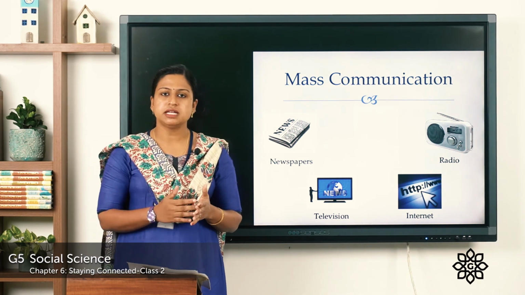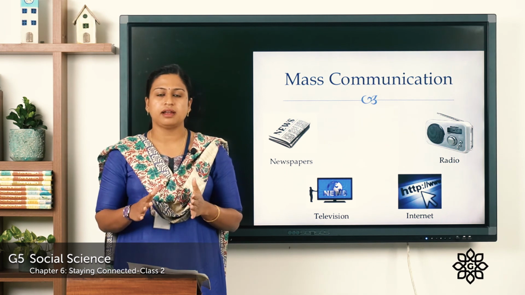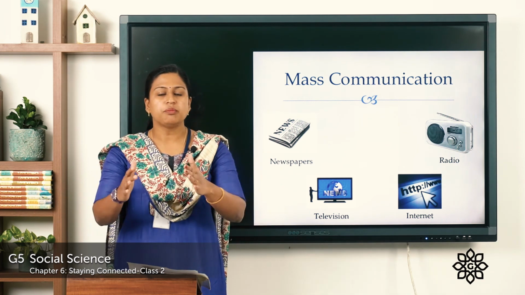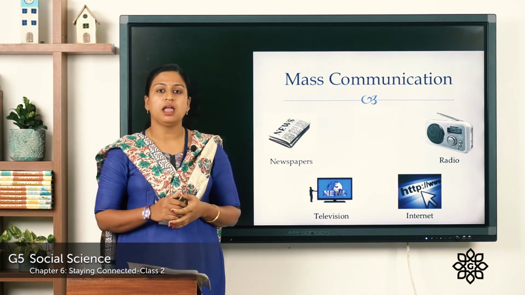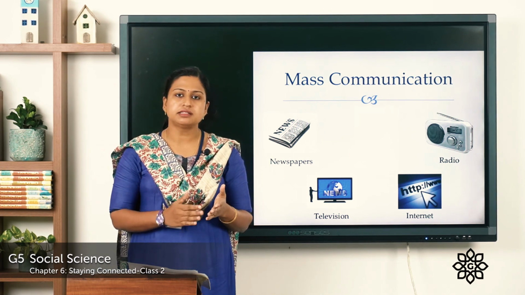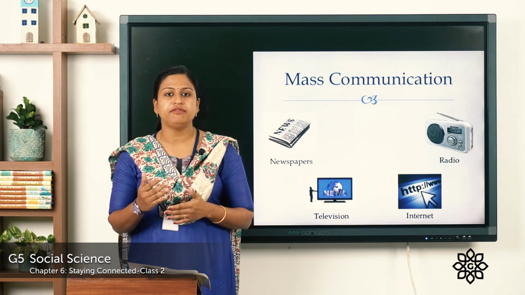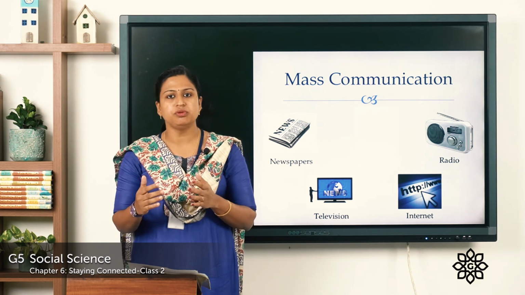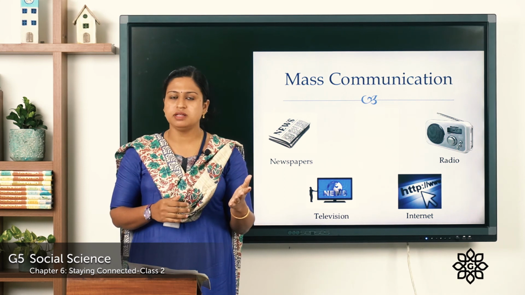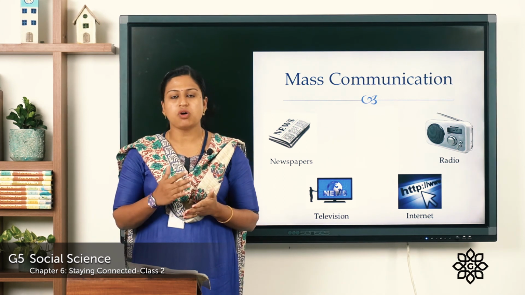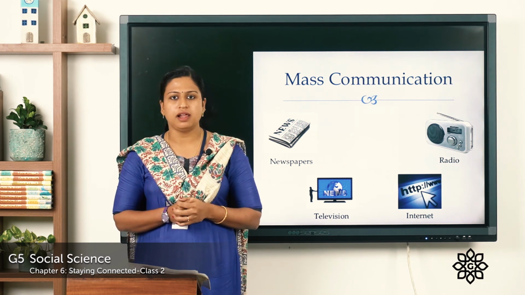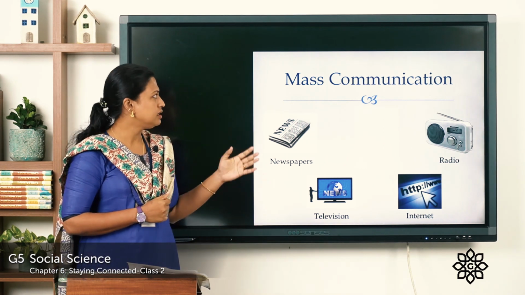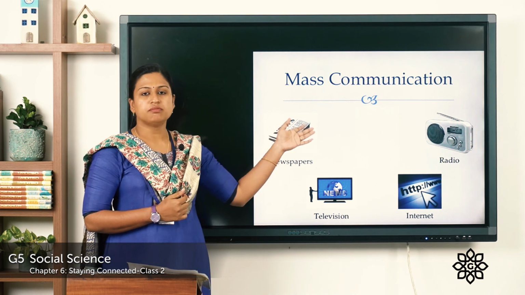That is, internet is a global wide area network that connects computer systems all across the world. For example, the web. It consists of billions of web pages and we can view these pages through a web browser. The next one is email, the most common method of sending and receiving messages online. So these were the different means of mass media.